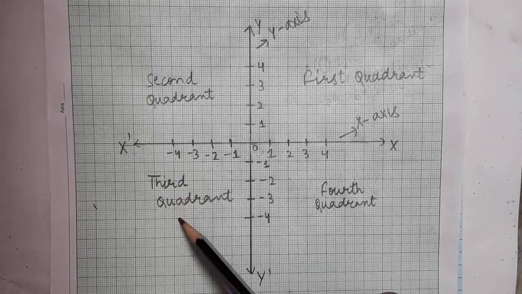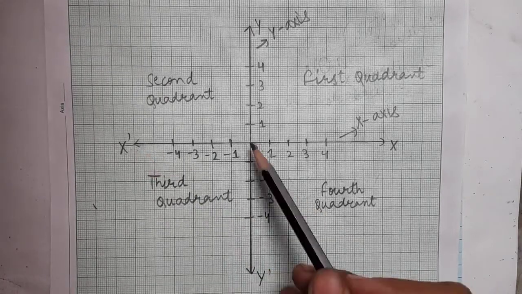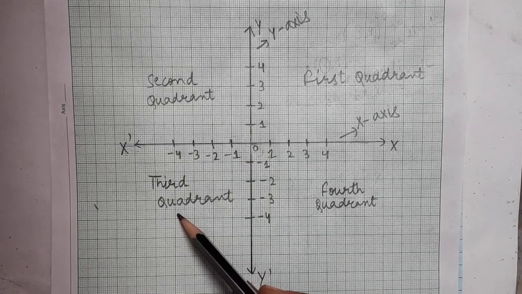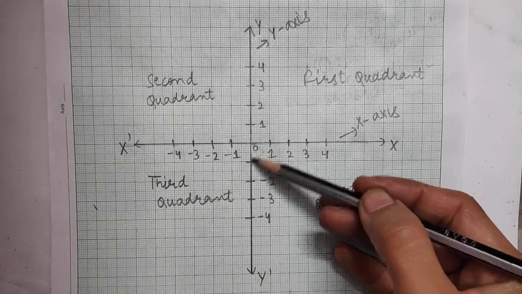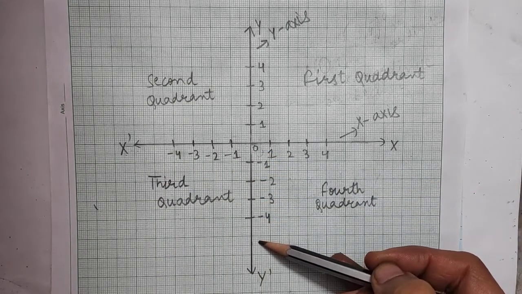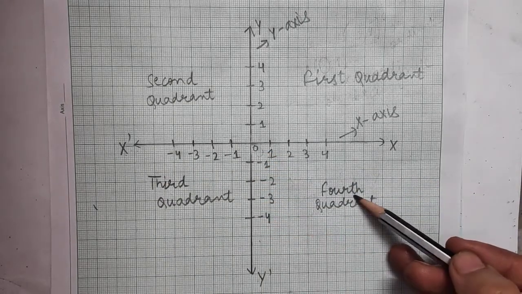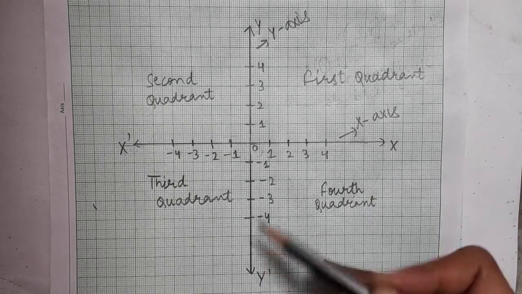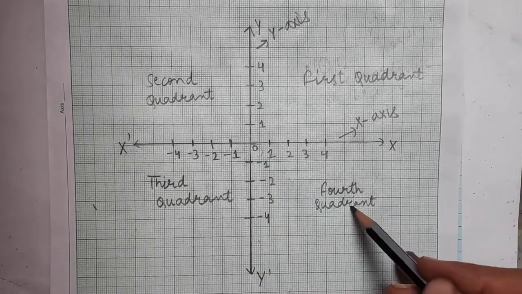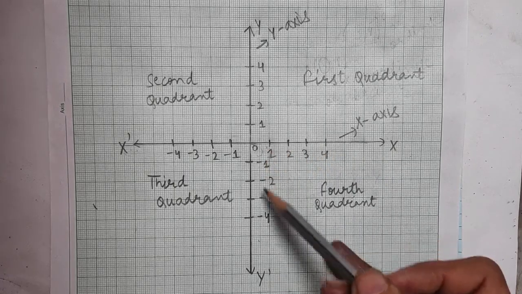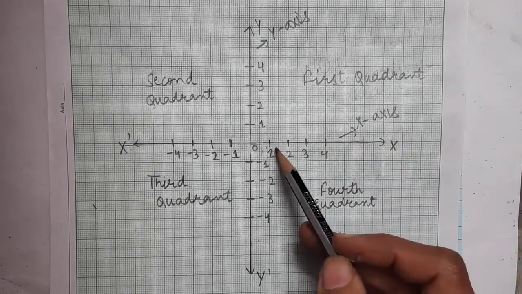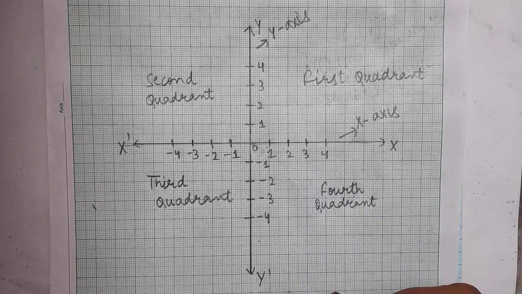Now the third quadrant, X dash O, Y dash, is known as the third quadrant, and in this x as well as y both are negative. Now talking about the fourth quadrant, Y dash O X is called the fourth quadrant. Here x is positive and y is negative.